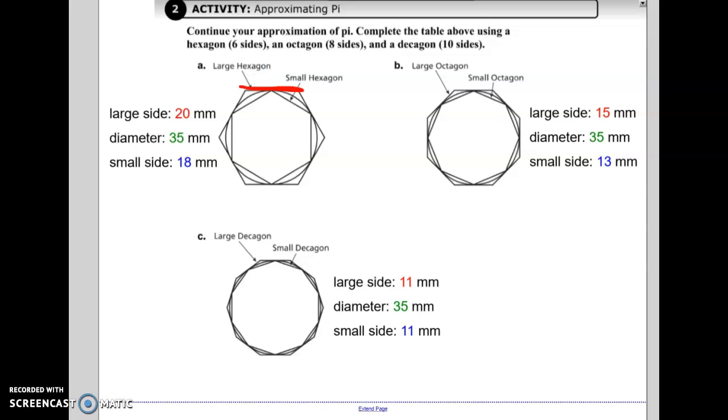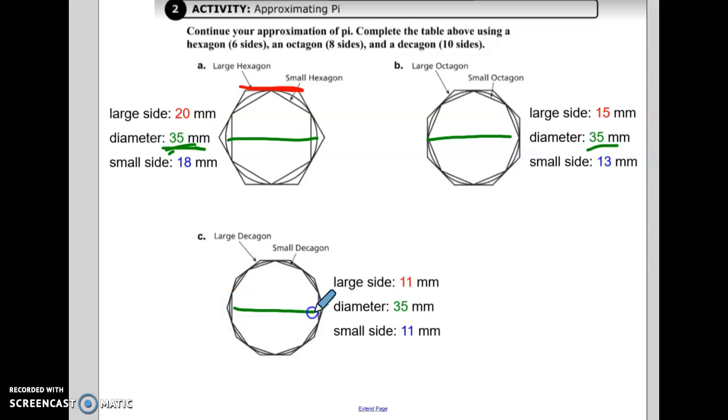Now for all of these, notice the diameter of your circle, the distance across, is always going to be 35 for every one of these. So that part on your chart, when you calculate the ratios, is not going to change. And I've also given you the length of each side of the small shape.